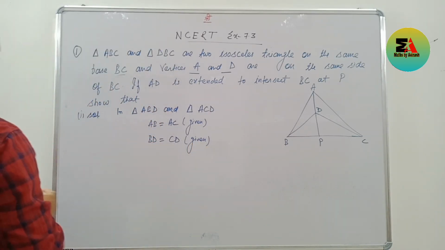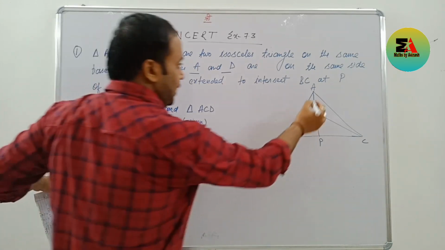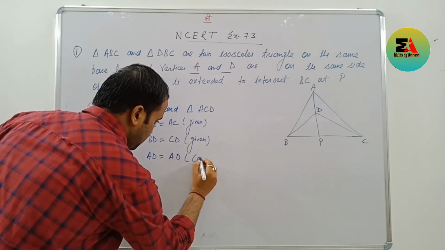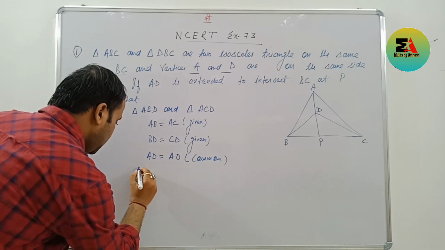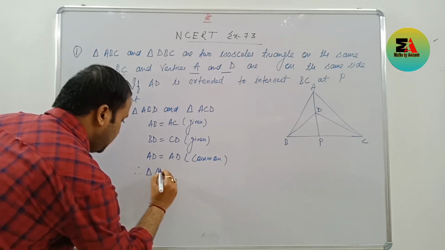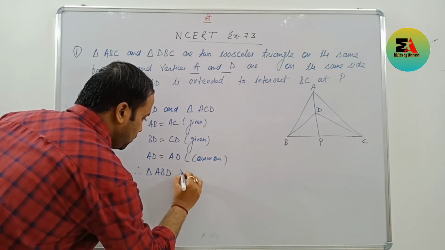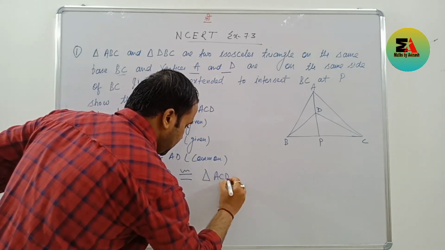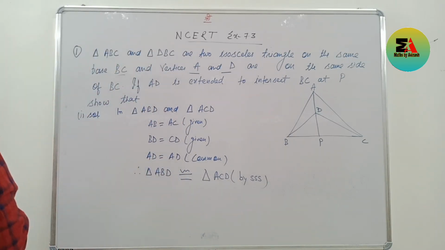And AD equals AD. This is the common side. Therefore, triangle ABD is congruent to triangle ACD by SSS congruency. This is our first case.